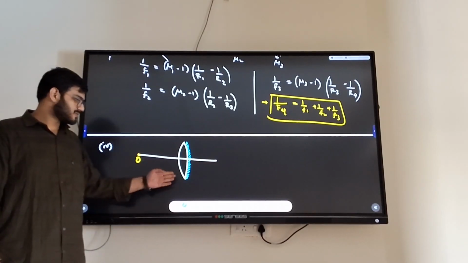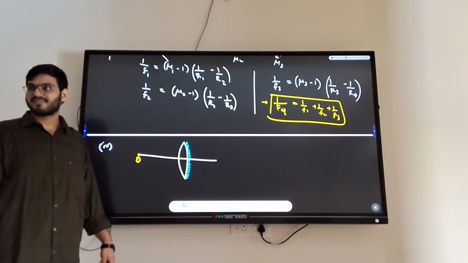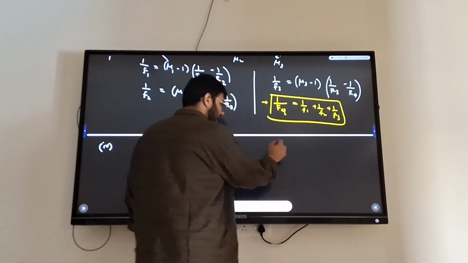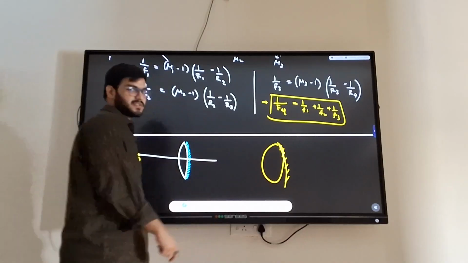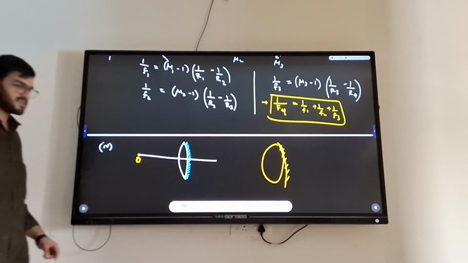Then should I call it a lens or should I call it a mirror? It's basically, if you remember, like a mirror only with some kind of medium in front of the mirror. Can you imagine? Basically a mirror with some medium.